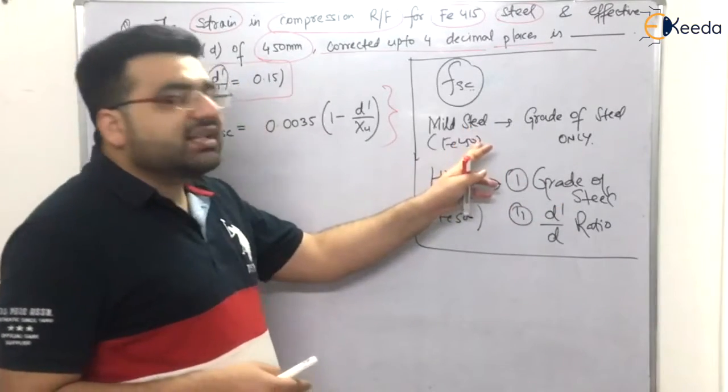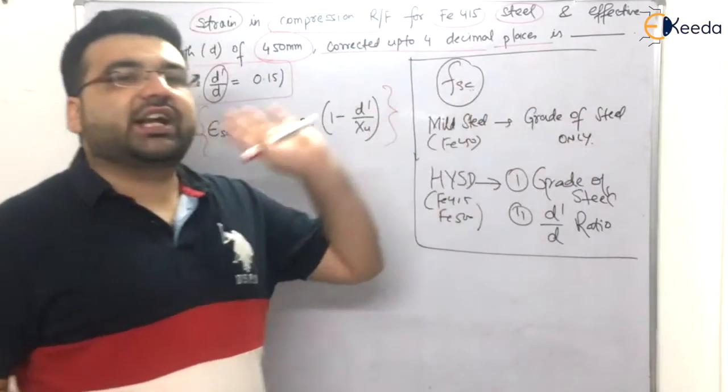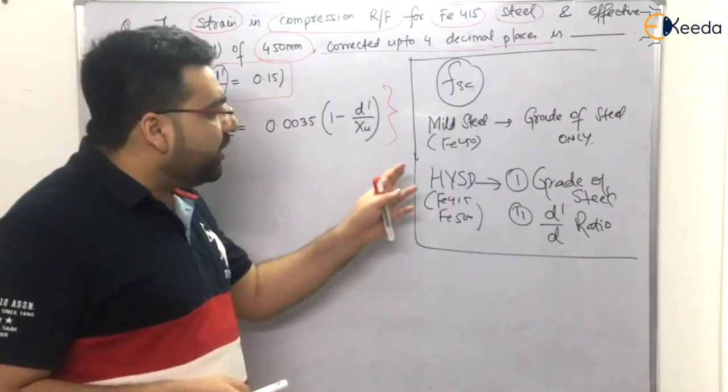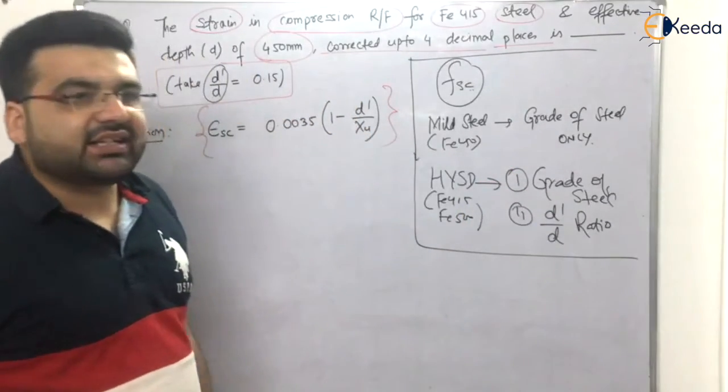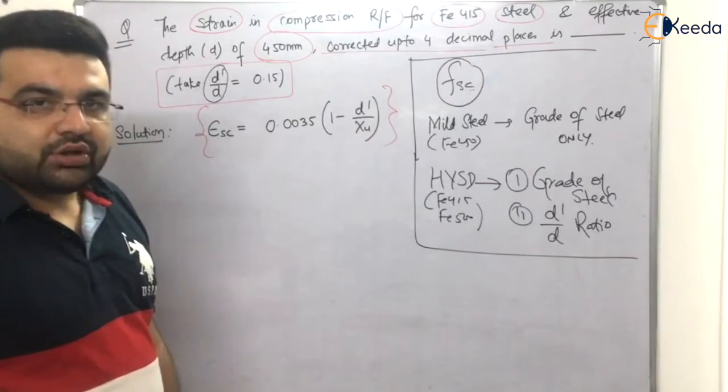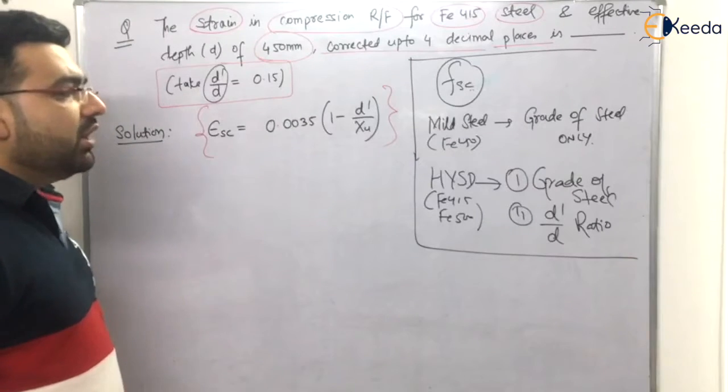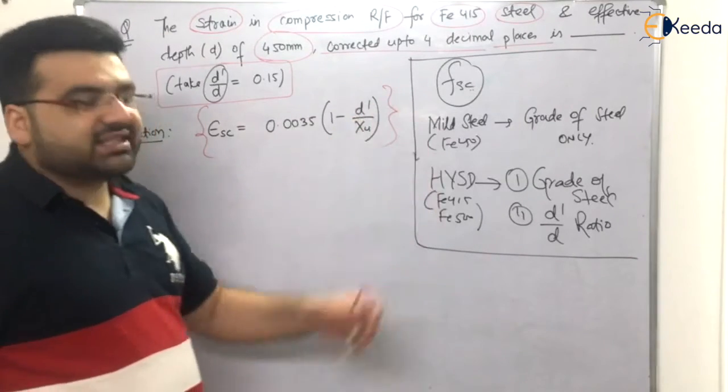For mild steel, it depends only on the grade of steel, and for HYSD bars, it depends upon the grade of steel as well as the d dash by d ratio. I hope you have understood this concept.